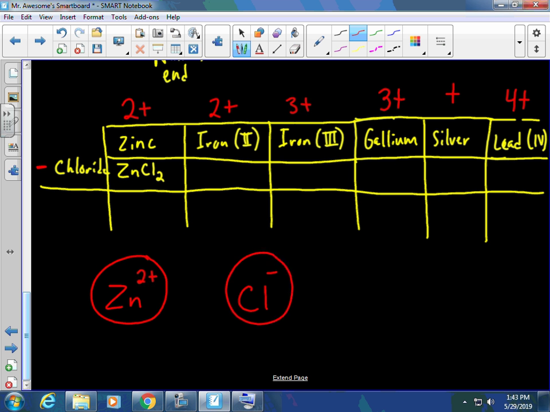All right? An ionic compound is always going to form between a cation, the positive ion, in this case zinc, and an anion, the negative ion, in this case chloride. Okay? So this is the positive part of the ionic compound over here, and this is the negative portion over here.